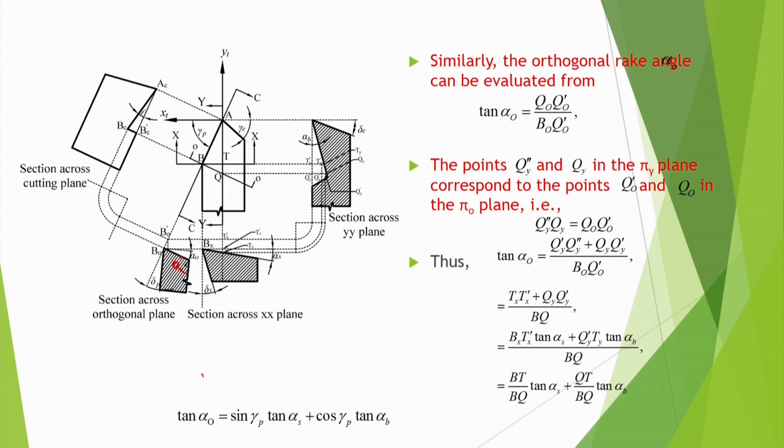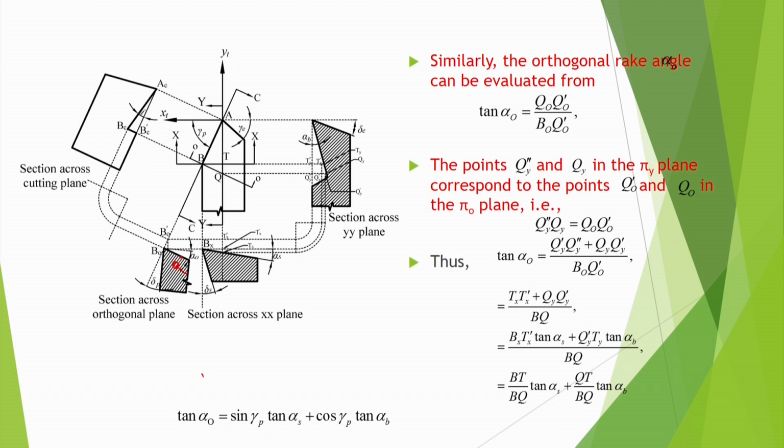So B0 Q0 is basically the same as point B and Q here, because this is B0 Q0 prime here, and that Q prime point is here. So this becomes parallel to BQ. So this is basically BQ.